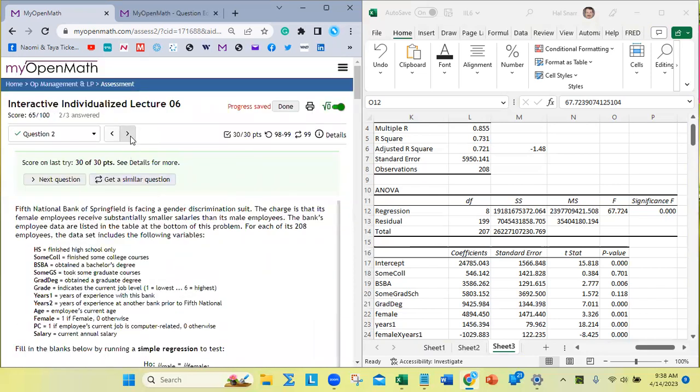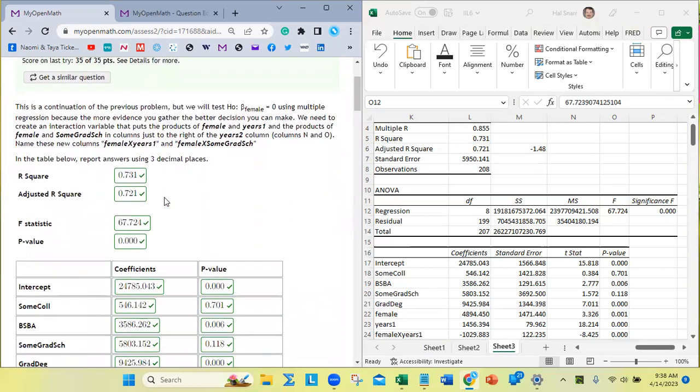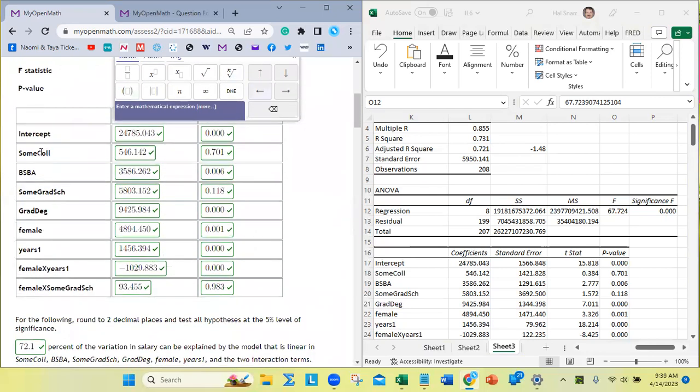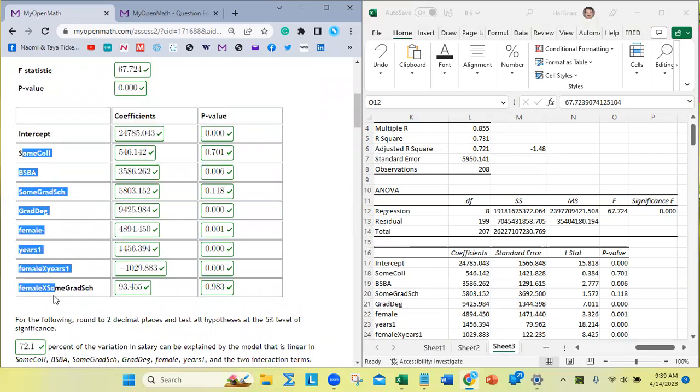If we go to the model with more information, we had the opposite results. The adjusted R-square says that 72.1% of the variation of salary is explained by this model here, right? We have more information that matters. Some college, it doesn't matter in this case. College degree matters. Some grad school, it's kind of marginal, but at 5%, we would say this is insignificant.